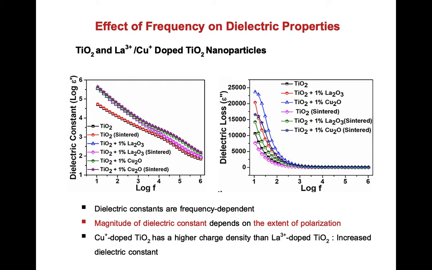The increase is higher in the case of copper compared to lanthanum doped titanium dioxide. This is due to a higher charge density in the case of copper compared to lanthanum.